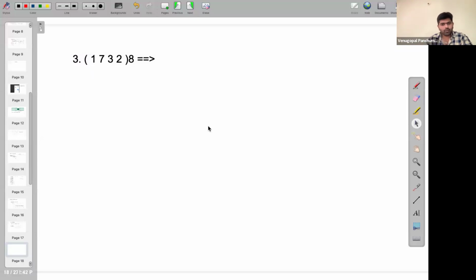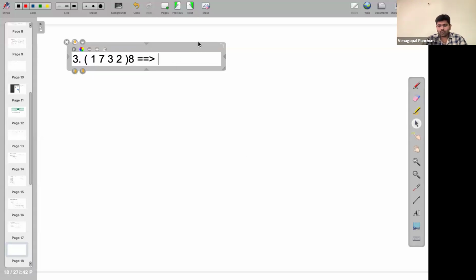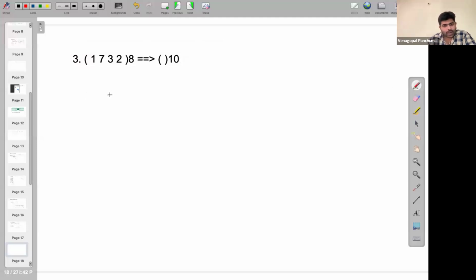Okay. Now to convert this into decimal, because humans understand decimals only, that is base 10, how are we going to do it? Simple process. 1, 7, 3, 2. Now I want to convert this into base 10, but it is in base 8. This is human understandable.